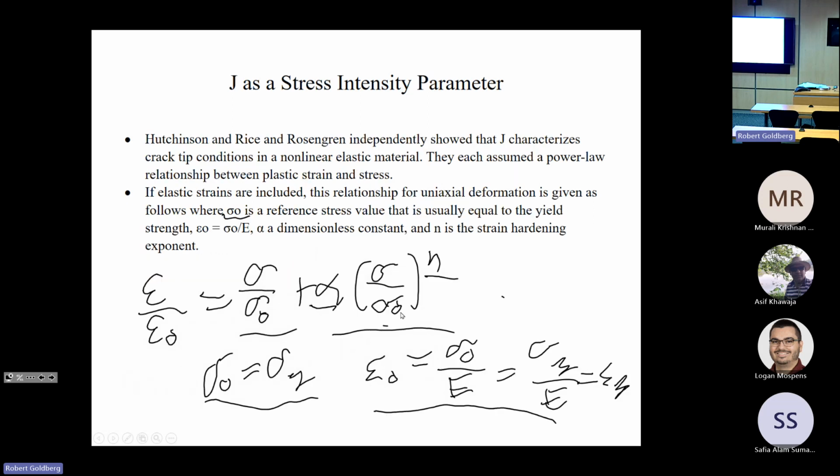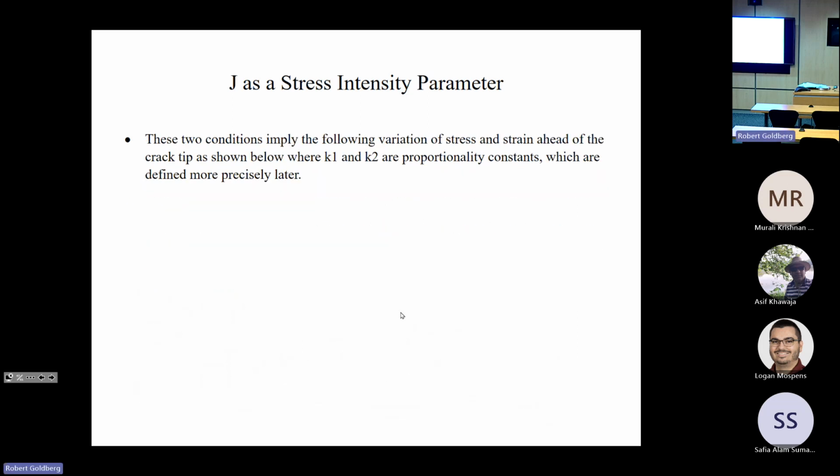So the sigma over sigma naught part goes away, and all you have is just the power law part of it.